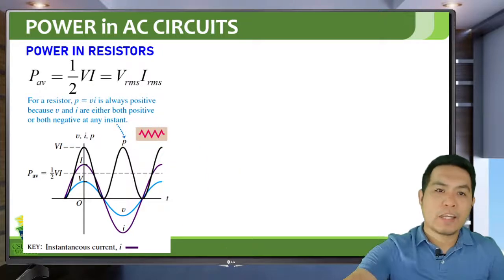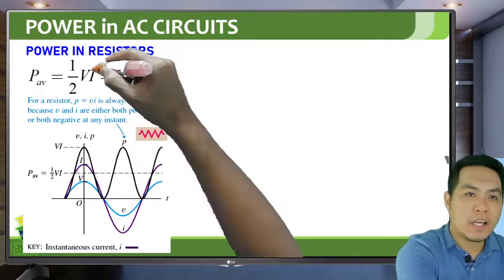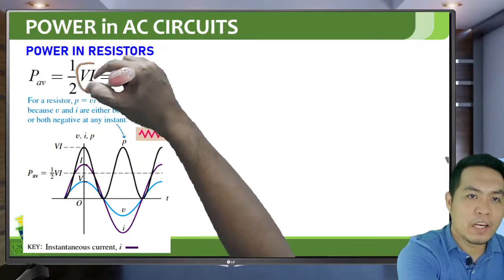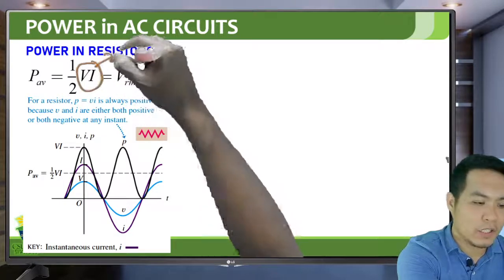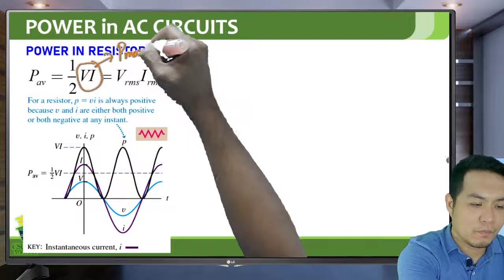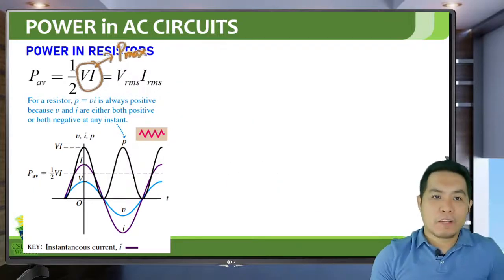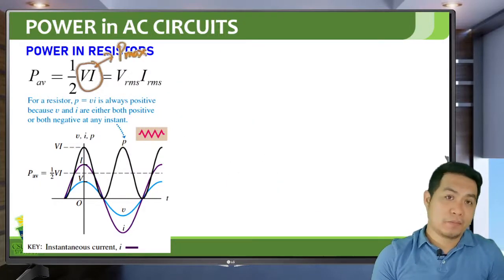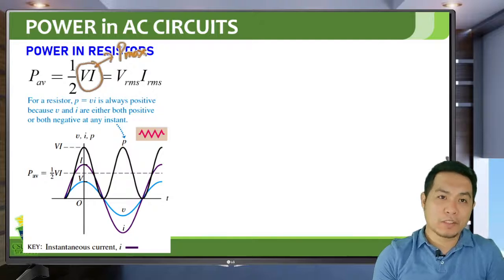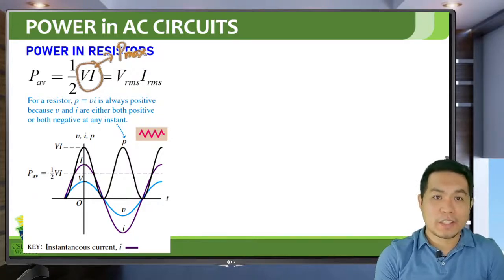V times I is what we call the maximum power. So the average power is just 1/2 the maximum power for resistors in an AC circuit.